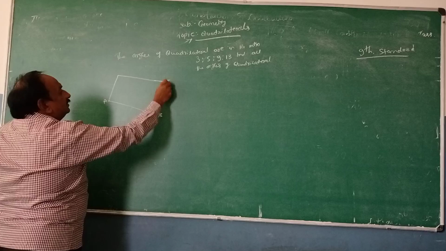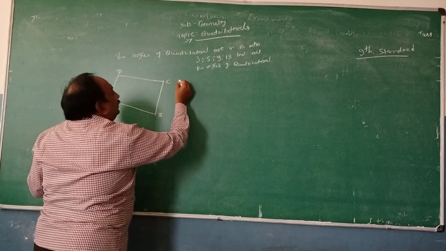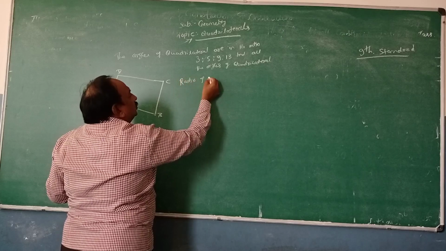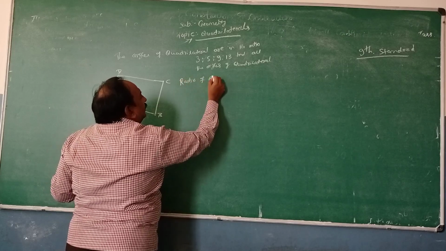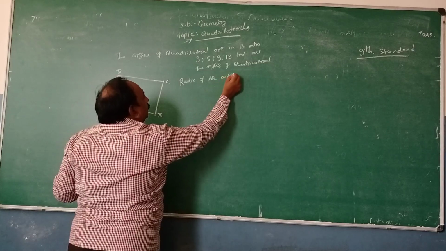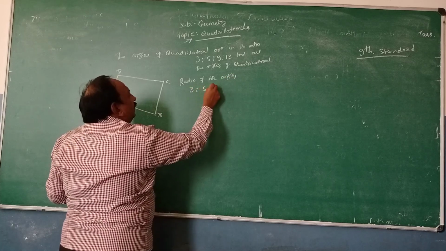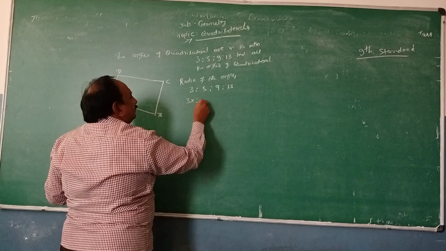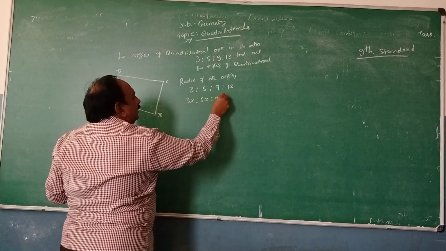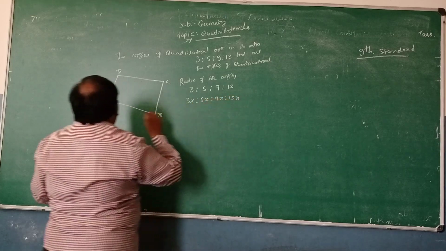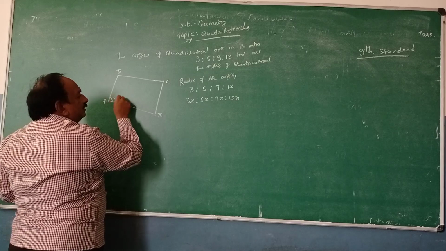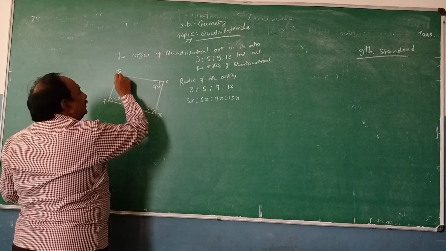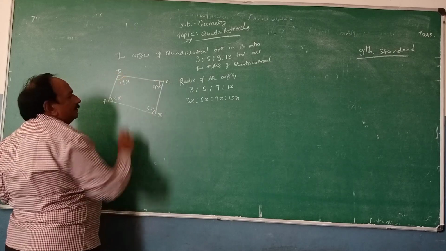A, B, C, D. The ratio of the angles is 3, 5, 9, 13. So 3x, 5x, 9x, 13x. A is 3x, B is 5x, C is 9x, D is 13x.